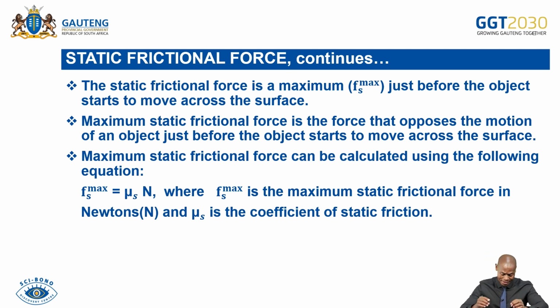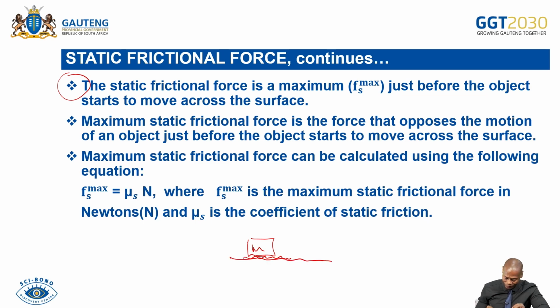Then, for me to explain this bullet, I'm having an object again on a rough horizontal surface. Initially, let's say I'm applying a force of 10 newtons. The object does not move. What does that mean?